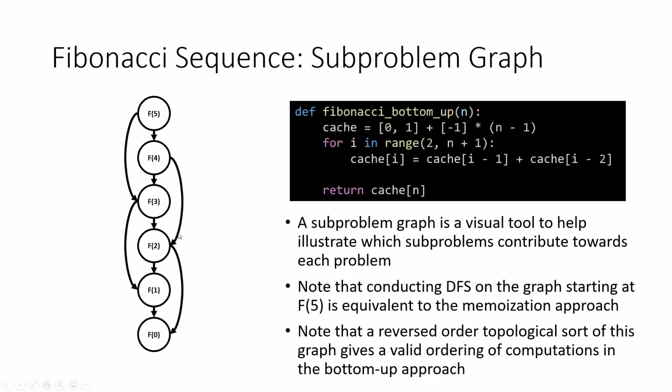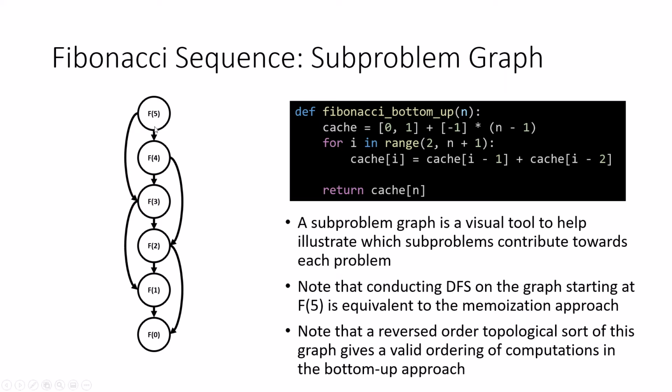Okay, so to draw the subproblem graph, you first start off with the biggest problem, which is the one you want to solve. It's going to be a weighted graph. You draw an edge from each problem to whatever subproblem it relies on.